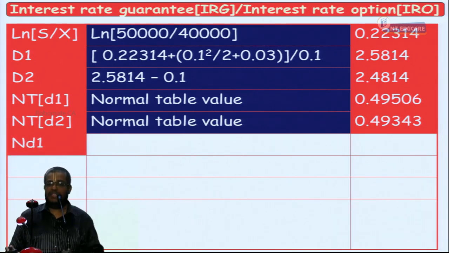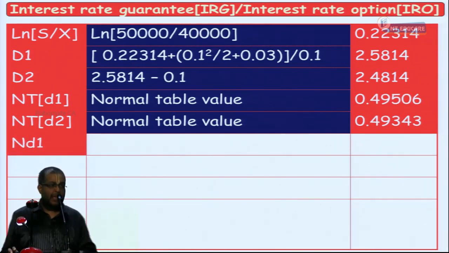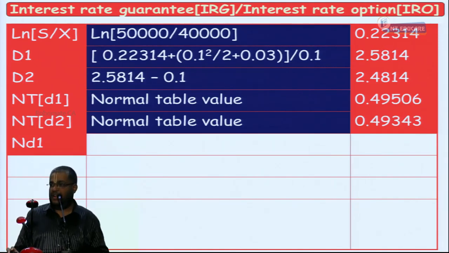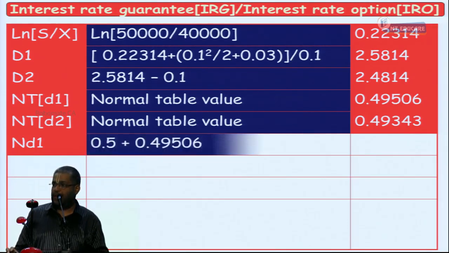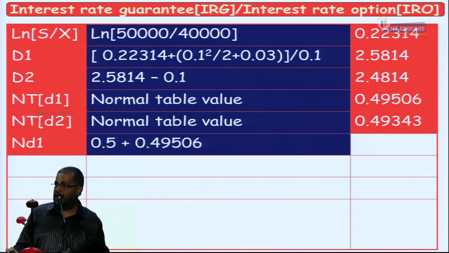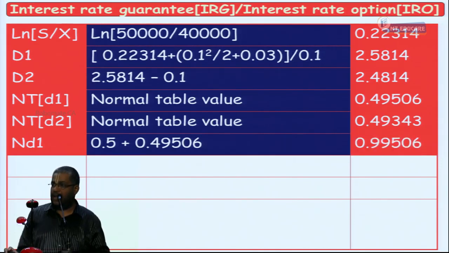ND1 is equal to 0.5 plus NTD1, which is 0.5 plus 0.49506. Total is 0.99506.